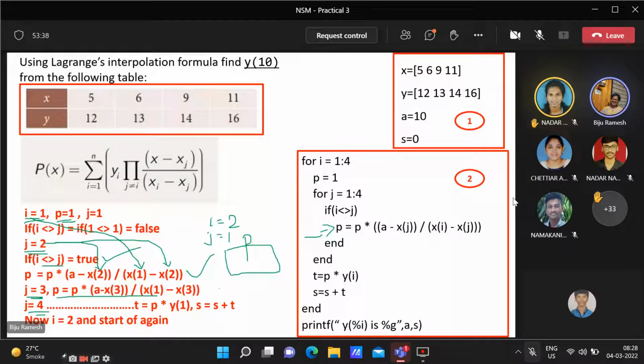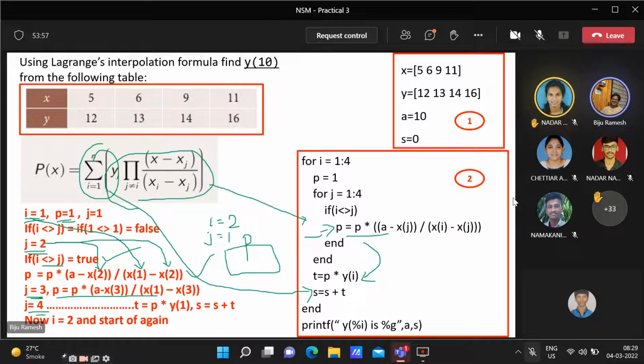So like this, after finding each product, you have to add those products. Okay, this part you have to do. So this part is done over here. You are finding the product inside the J loop, and then you have to add it inside the I loop.